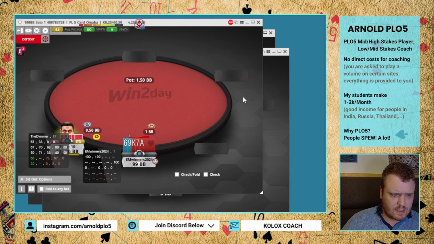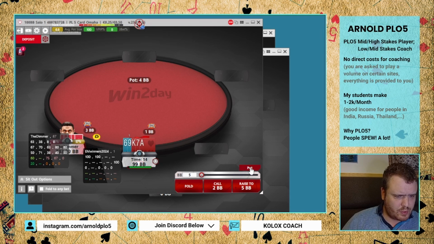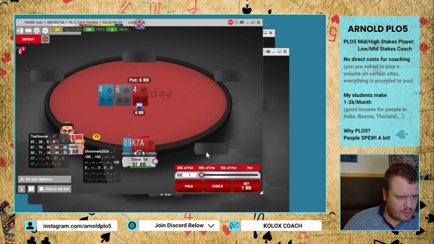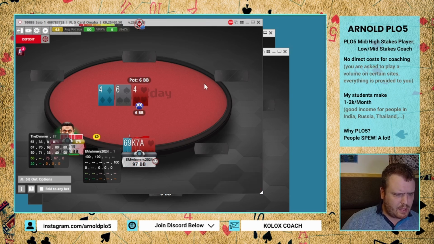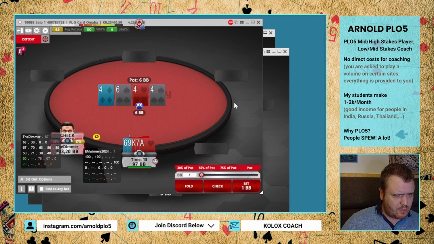This hand looks like we want to 3-bet it, even though it's triple suited, but it's reasonably well connected. Nah, it has a bad second suit, so probably should just call it. We have 2 backdoor flushes, we have a 6, so I think I'm probably going for the check raise.